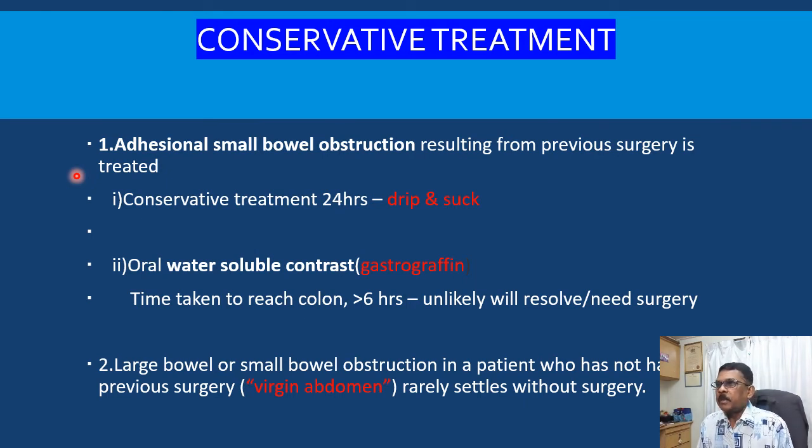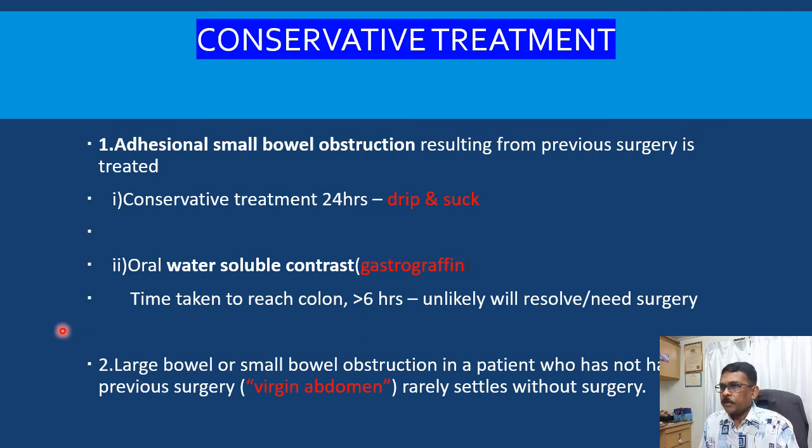If the patient does not improve, then you can administer oral water-soluble contrast, also called gastrografin, and monitor the time taken for the gastrografin to reach the large intestine. It should reach within 6 hours. If there's a delay of more than 6 hours, then this obstruction due to adhesions is unlikely to resolve with conservative treatment. It may need some form of surgery.